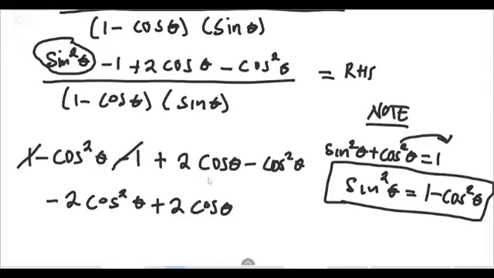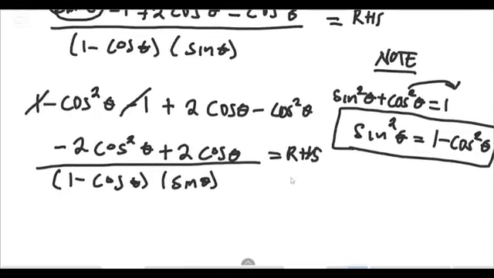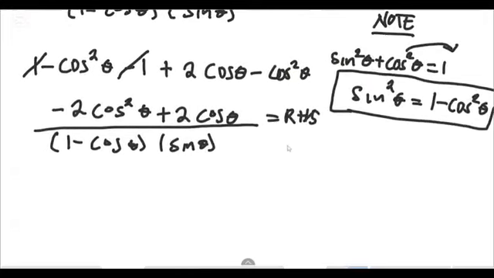This one right here. I hope you are following now. Then we can divide with our denominator, which is 1 minus cos theta, again we have sine theta, equal to the right hand side. So from here, what are we going to do? This stage now is very easy. We can just write this starting with a positive.